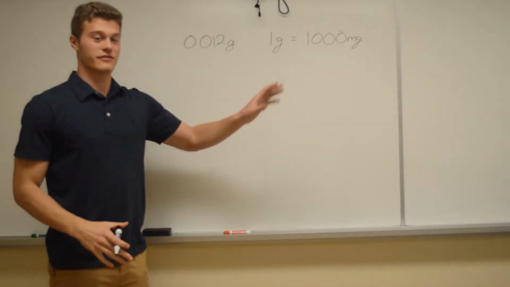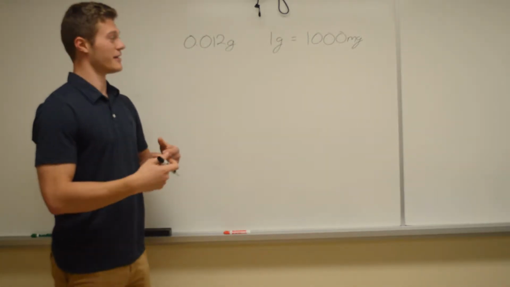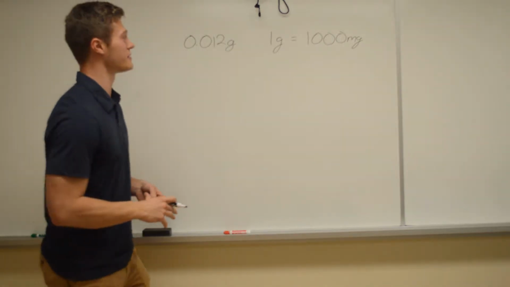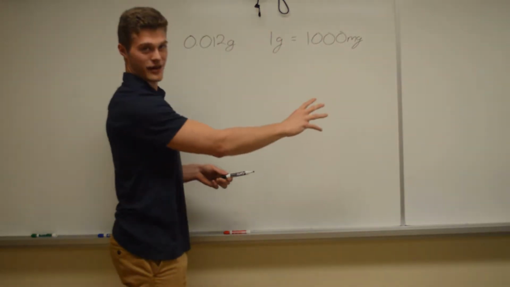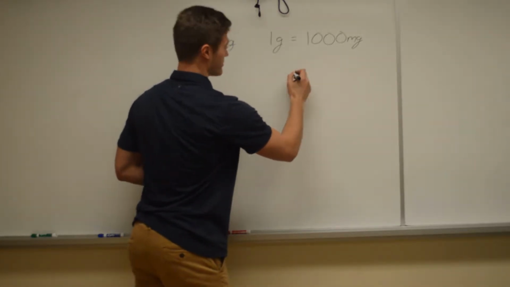This is fairly intuitive, but to make this a unit conversion factor, we're going to want to write that as a fraction so that we can cancel our units out. So, writing this as a fraction, you can say that per 1 gram, you have 1,000 milligrams.